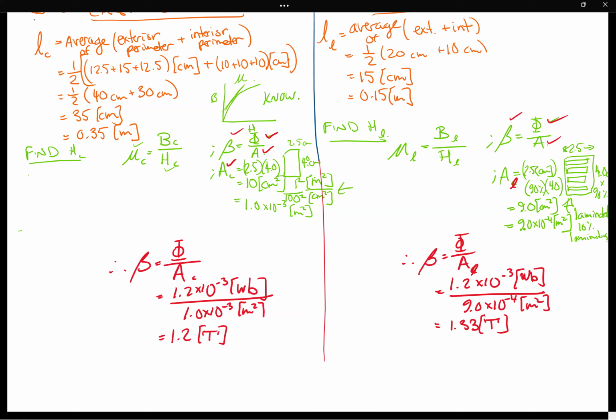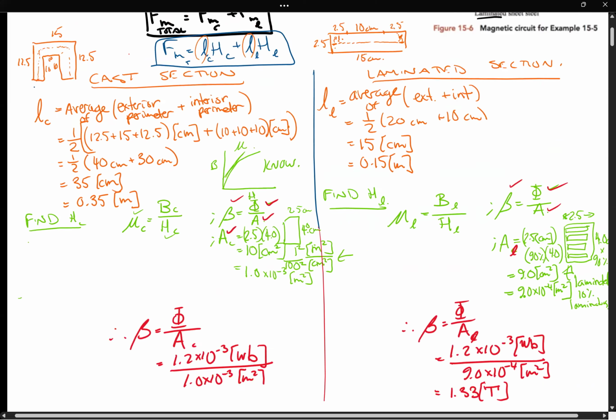So at this point, we need to look at the BH curve for cast steel. Look to the BH curve cast. And here we look to the BH curve sheet steel.